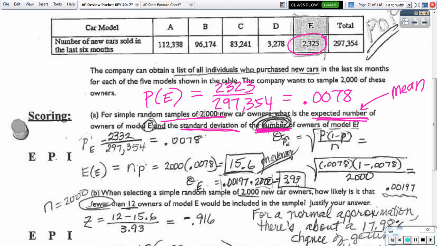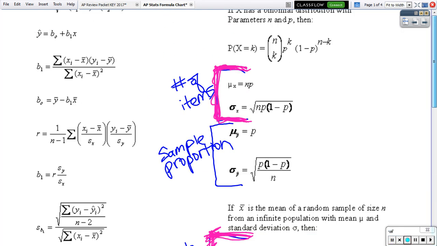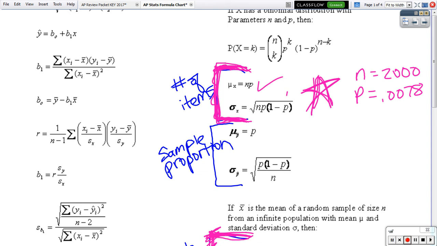So your N is 2,000 and your P is that P you just found. And then you're filling in these two formulas to get the mean and the standard deviation. All right, so there's part A.